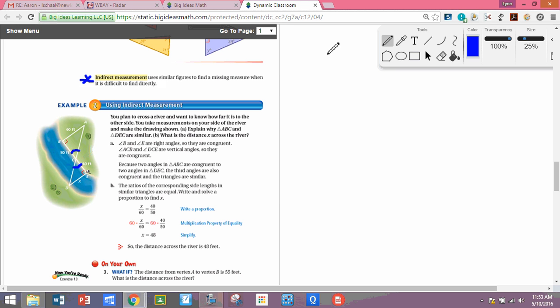So now you can take those measurements that you have and calculate to find the missing measure. So you create a proportion and you line up 60 over X, those are corresponding sides, and then you have 40 and 50. Those are corresponding sides, 40 over 50. And then you can cross multiply and you would get the correct answer, which they did here.